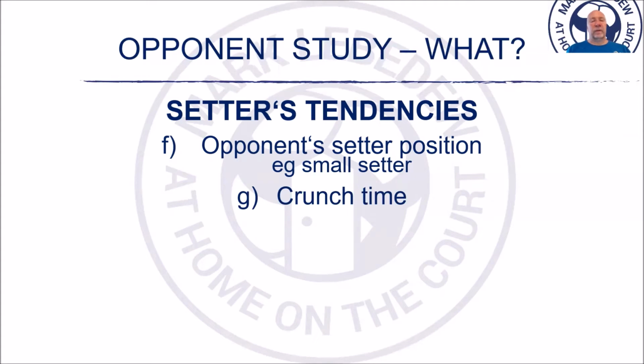Crunch time, which players get the balls at the end of the set, the most important times. Turns out that this is really difficult to predict, or at least to study, because there tends to be a very small amount of crunch time over the course of a given season. So you have to make a little bit of guesswork.